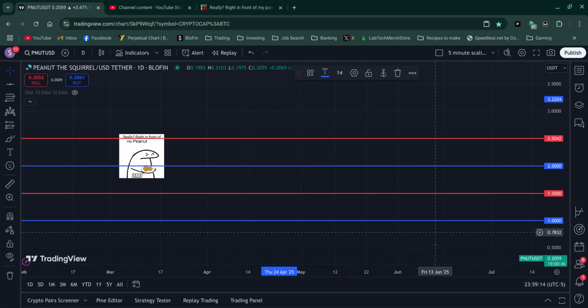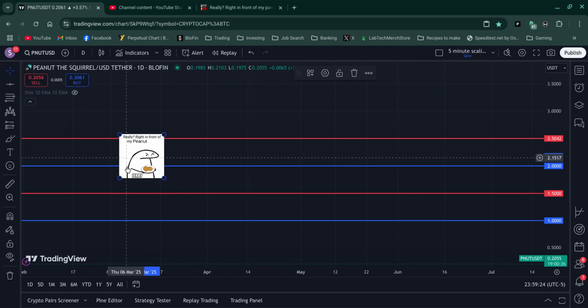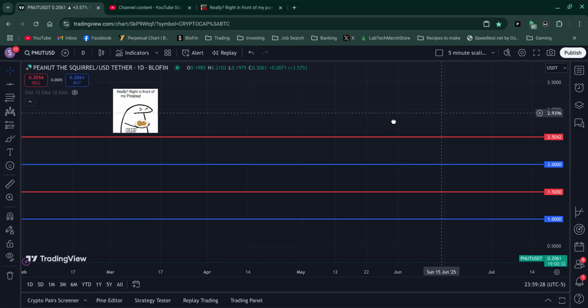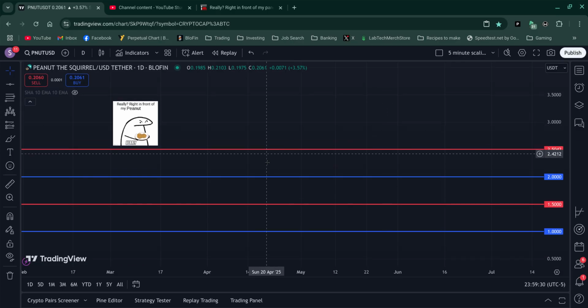You may say, do a grid line at $1, $2, $3, all the way up to $300, and put 1 penny on each grid line, and so he'd be buying a fraction of a peanut each time, and selling 1 penny's worth of peanuts at the 1.5, 2.5, 3.5, and so on dollar marks.